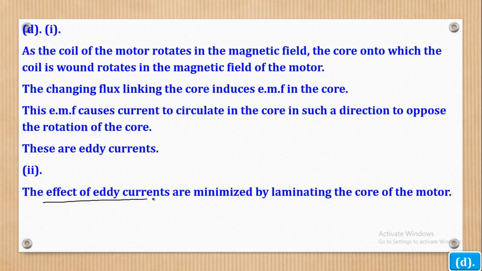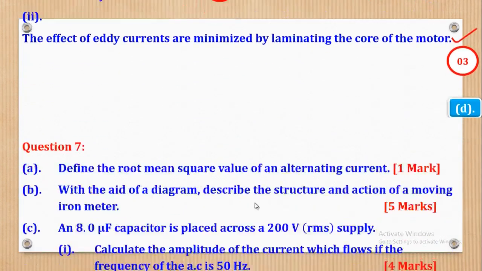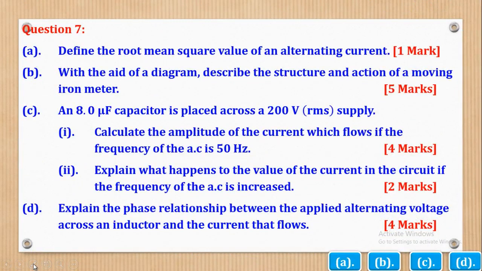So the effects of eddy currents are minimized by laminating the core of the motor. So that is how the marks would be awarded. So this should be 1, not 3. So now we shall go to question 7.